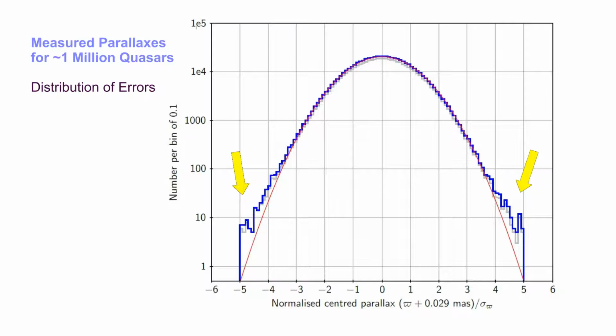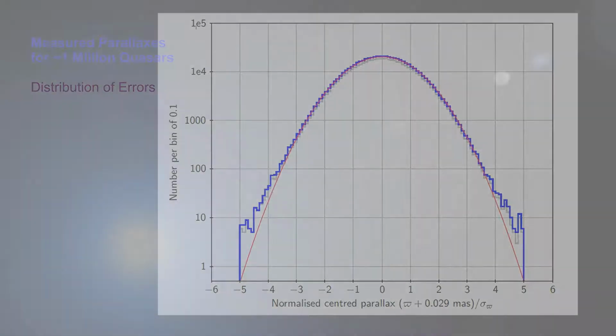There is a kind of tail of a bit larger errors than expected, a tail of less than 0.1% of outliers in the measurement of the quasars. Now, this is for the quasars, which are mostly faint. Their formal uncertainties are not very large, and the formal uncertainties depend on the magnitude of the stars.